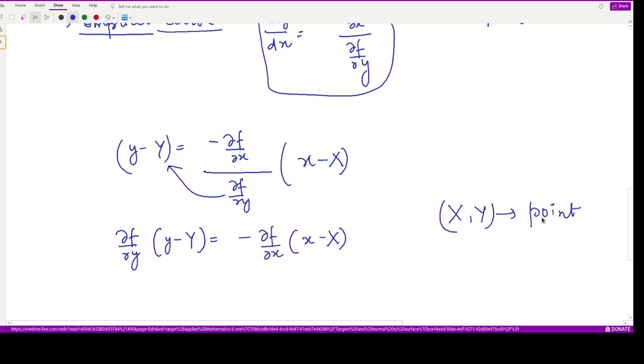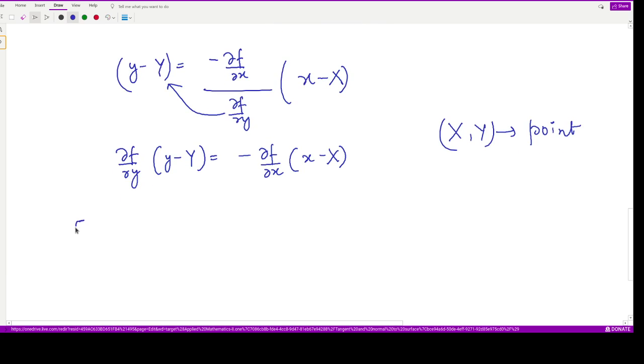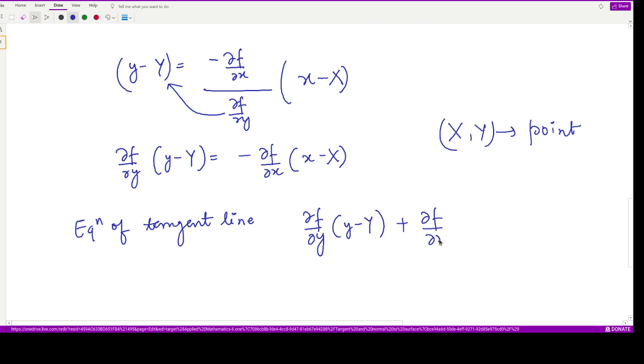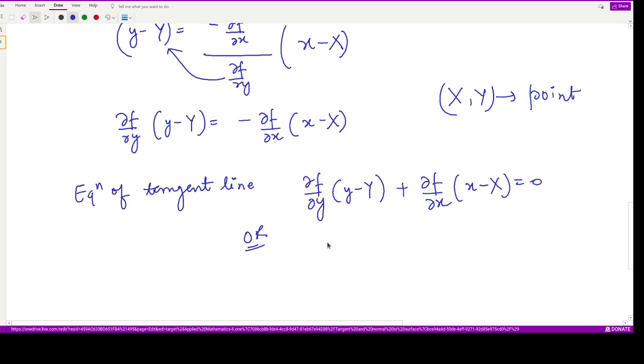So from here we can say that the equation of the tangent line is del f upon del x into x minus capital X plus del f upon del y into y minus capital Y is equal to 0.